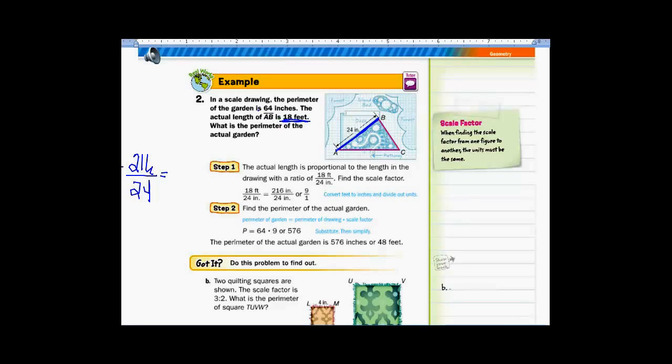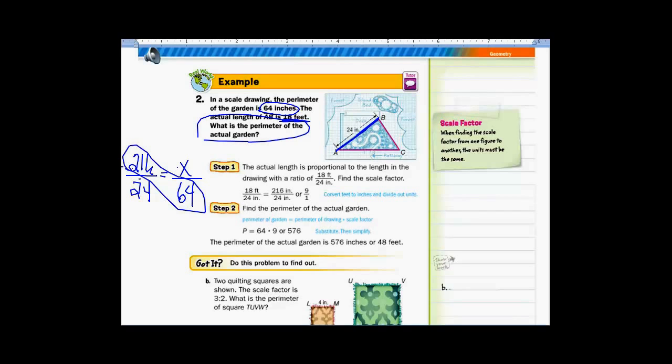This 64. Is that an actual amount or is that a scale amount? It says it's 64 inches in the scale, so that is going to go on the bottom. We don't know what the actual perimeter is. That's what you're looking for. Okay, so the actual amount is to the scale amount. We're looking for corresponding parts. 216 is to 24 as what is to 64?